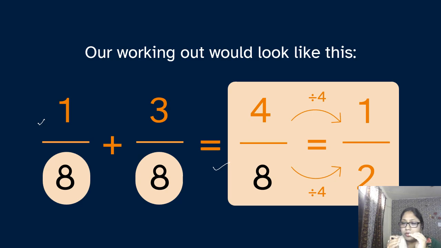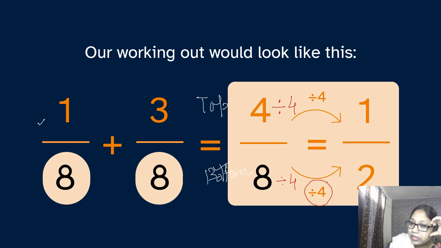To do this simplification, we have to find a number जिसके through हम top और bottom, numerator and denominator दोनों को ही divide कर सके. This is the top part and this is the bottom part, right? So if we divide 4 by 4, 8 by 4, can you see?